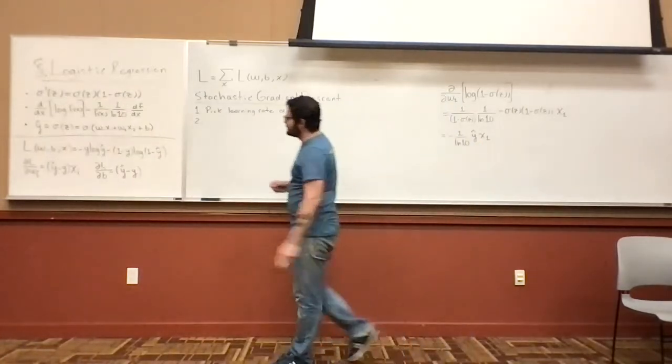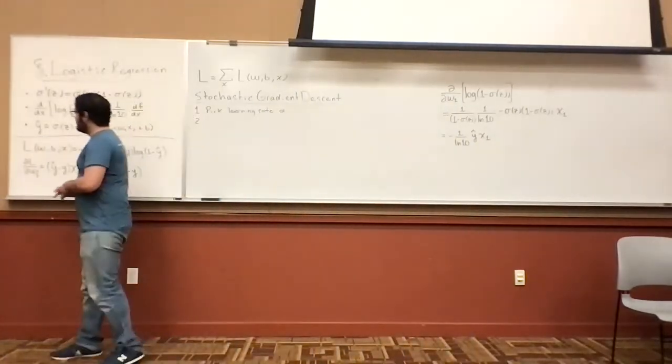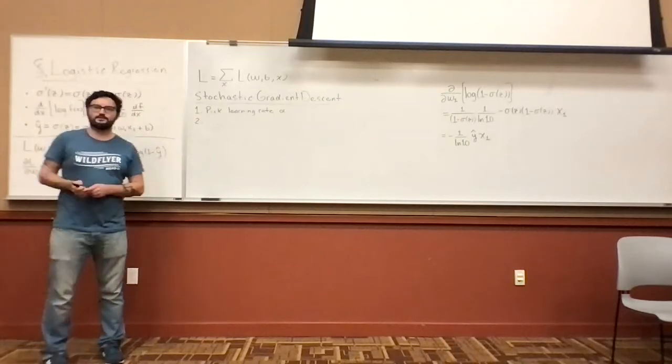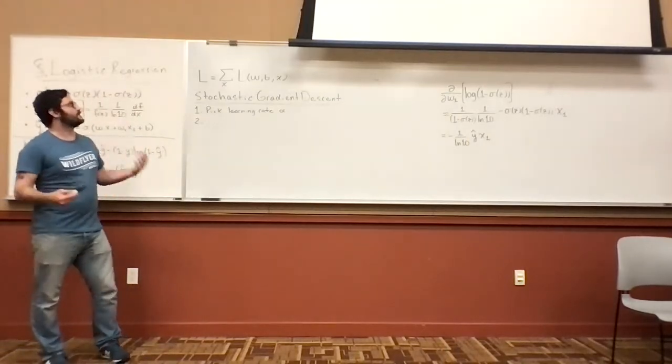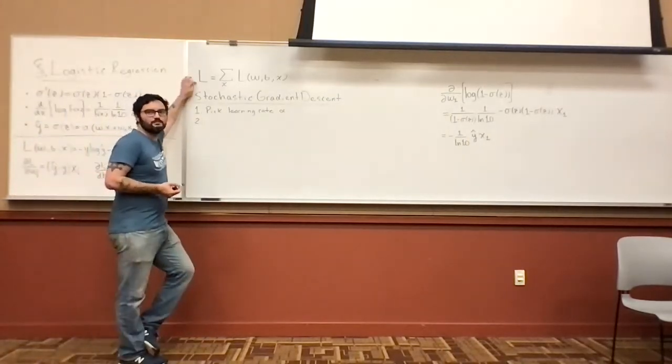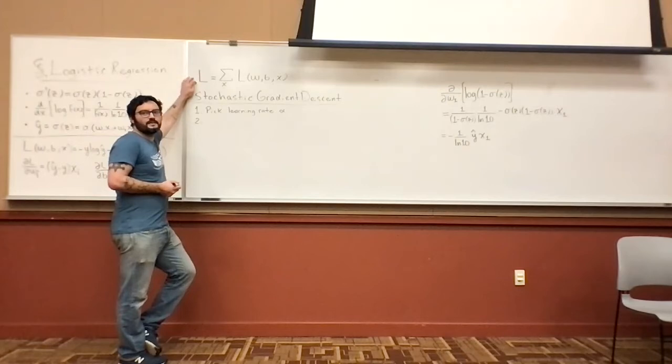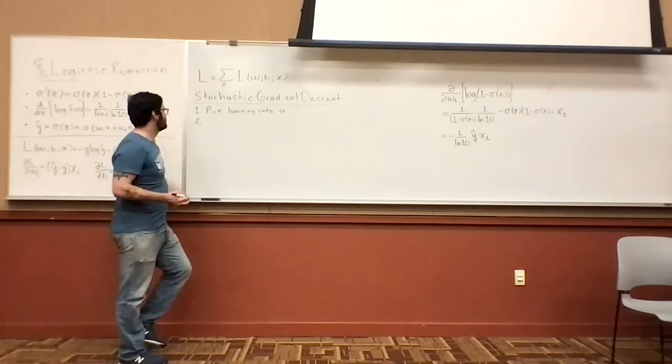You can perform updates to your weights and biases until this loss stops moving. Right? And at some point, the loss is going to kind of bottom out, and you can decide that's when you want to stop. Okay? But for our purposes, let's just do it a certain amount of times.